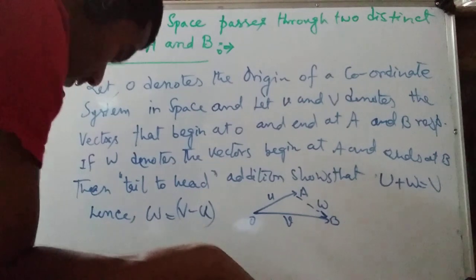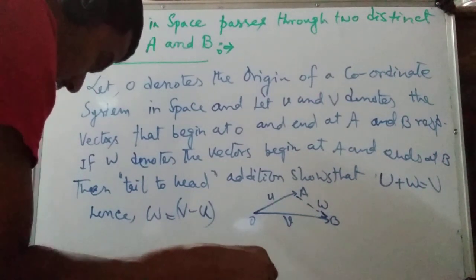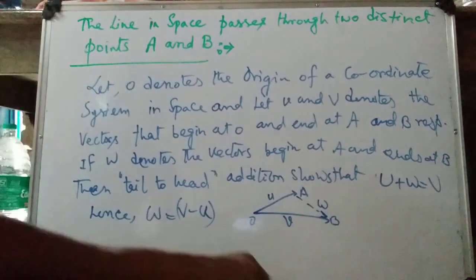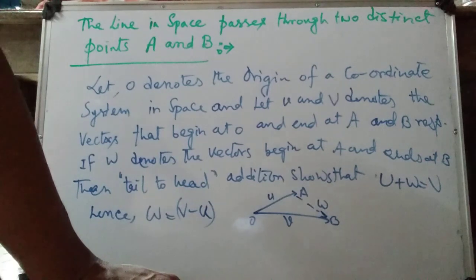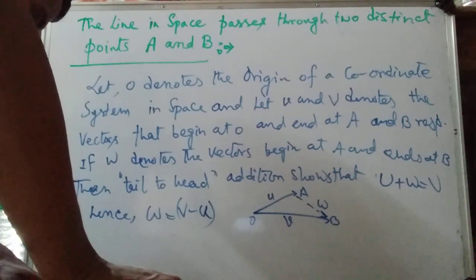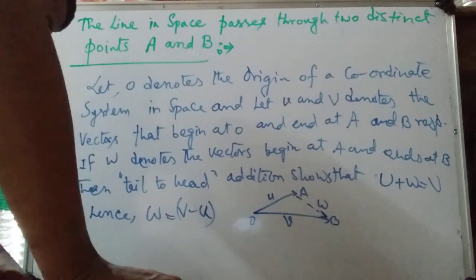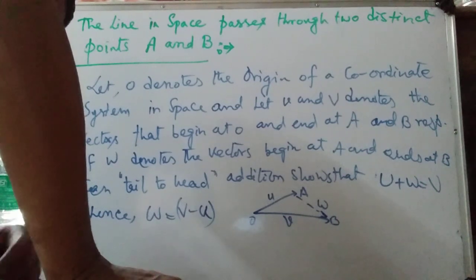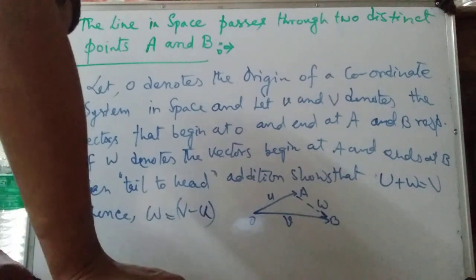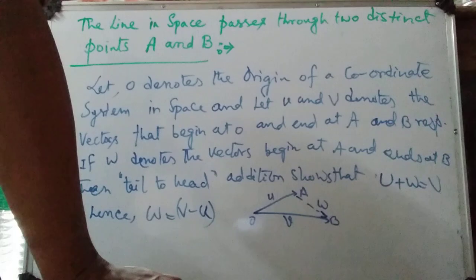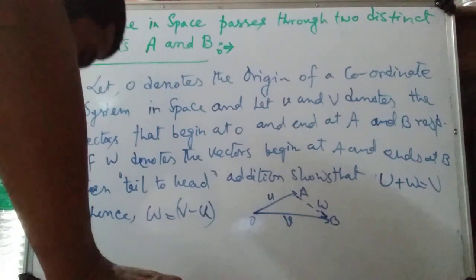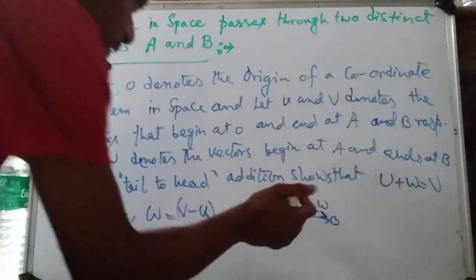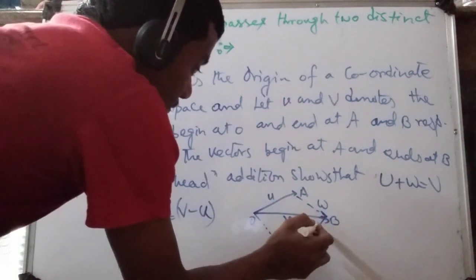Then obviously we talk about that, since a vector multiple of w is parallel to w, but possibly of different length from w, any point on the line joining AB may be obtained as the end point of a vector that begins at A and has the form tw for some real number t.